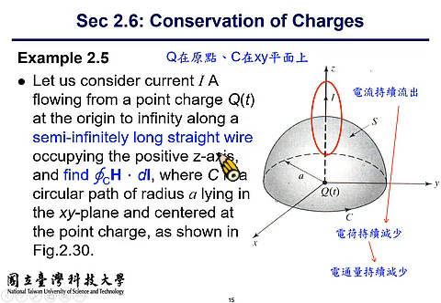Well, anyway, from the engineering perspective, that's the problem setup. So we have an observation surface, the top hemispherical surface and the bottom planar surface. So the two surfaces form a closed surface.